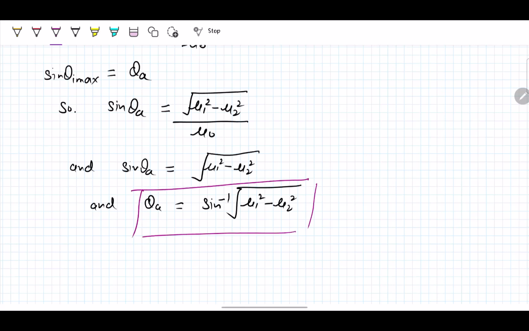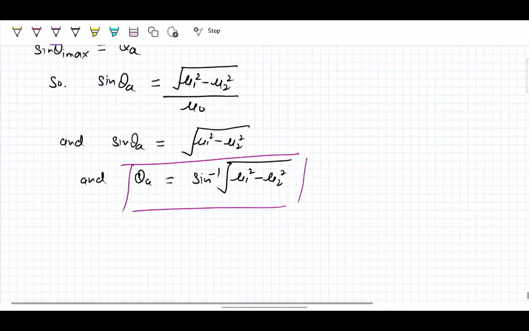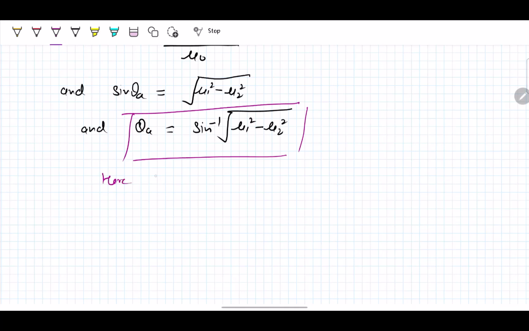From here you will get a number of numericals. You just need to put the values of refractive indices of core and cladding and take sine inverse of that. You can find out the acceptance angle. So theta_A will be the acceptance angle.